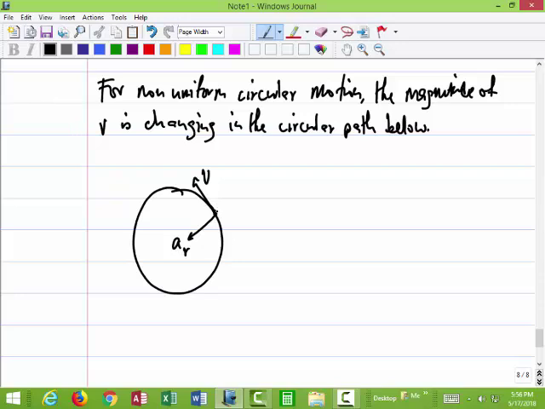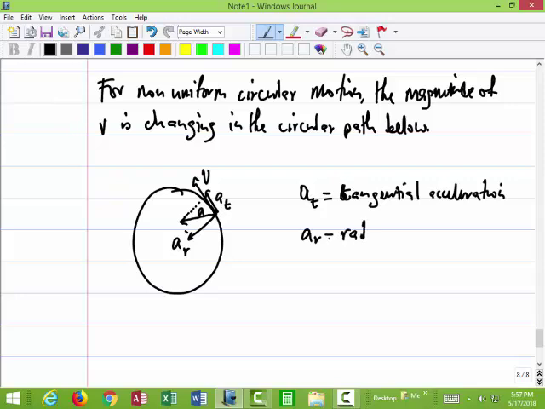Since the speed is changing, there is a tangential acceleration a subscript t. With it, we can have a parallelogram which allows us to draw the actual acceleration a. So a subscript t is the tangential acceleration, and a subscript r is our radial acceleration, which we were calling centripetal acceleration earlier.